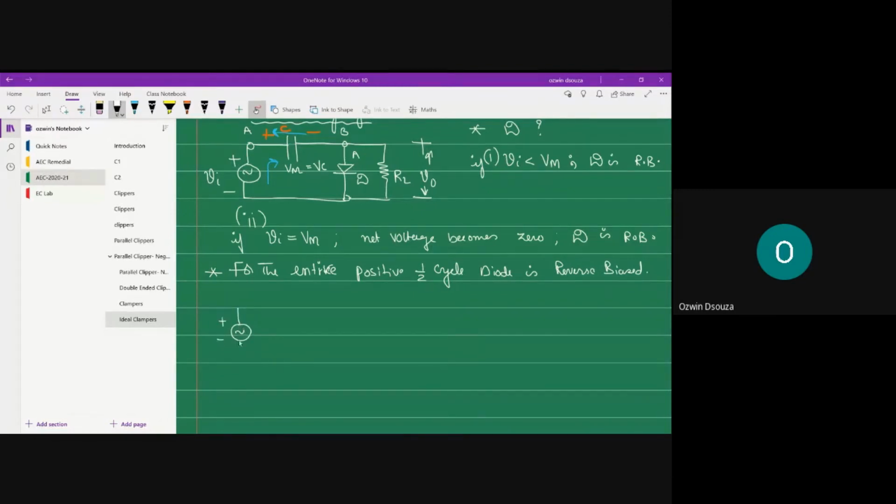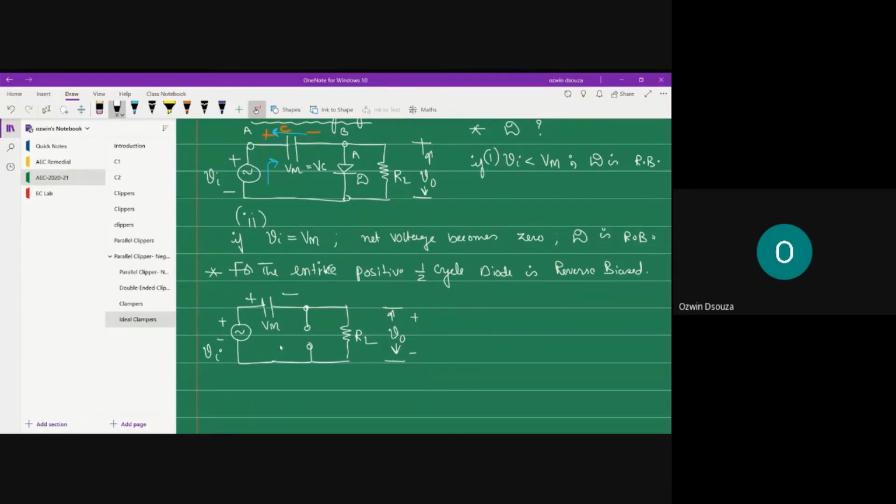If the diode gets reverse biased, this is how the circuit is going to look. The capacitor, and there's an open circuit here because the diode is replaced with its open circuit equivalent. That's your load resistor, and this is how you will observe your minus plus. This is your Vi and this is your Vm.